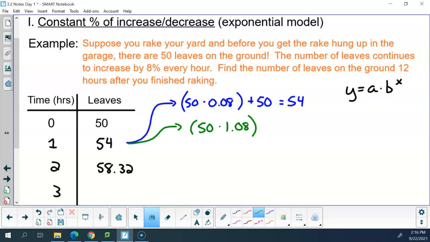Well, let me break down this math right here. If I factor a 50 out, what's left over? 0.08 plus what?